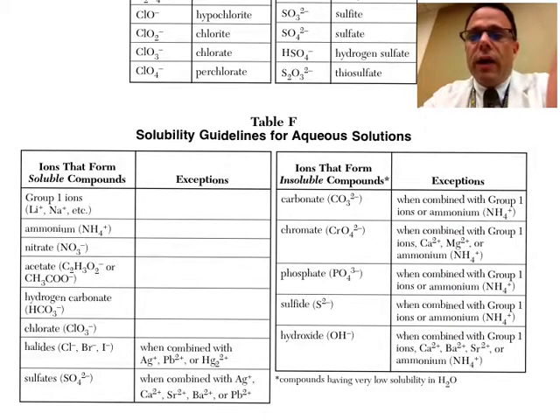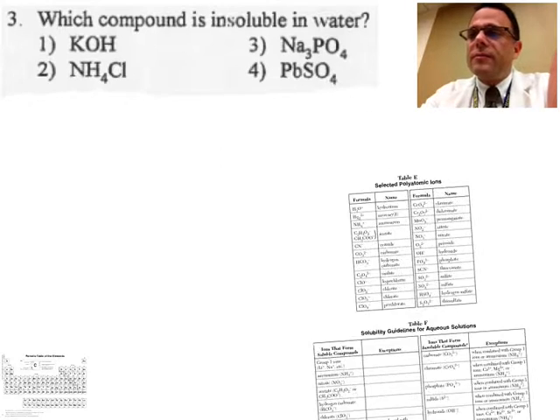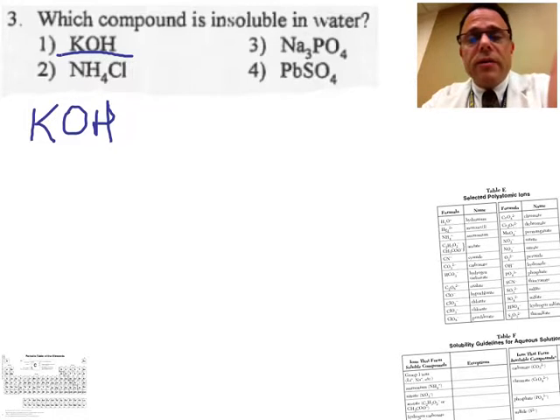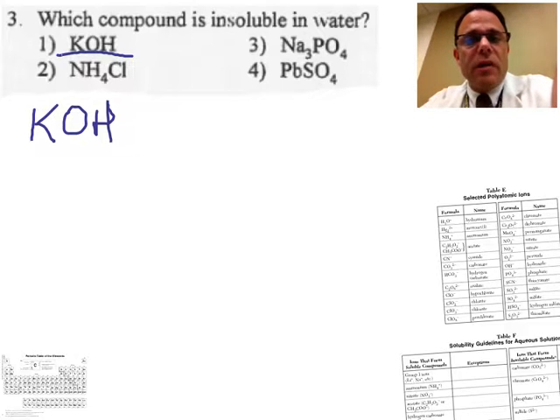So let's see what we have. Shrink this and take a look. This is KOH. As discussed in the past, if you see 3 elements in a compound, you must be suspicious that there's a polyatomic ion present.